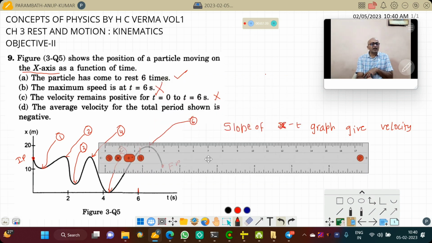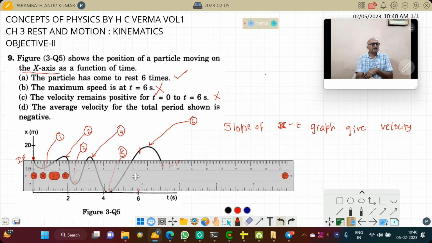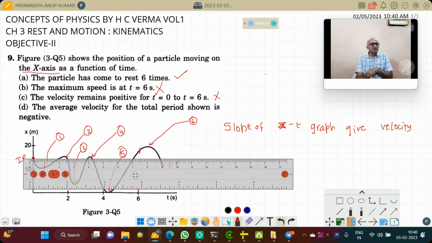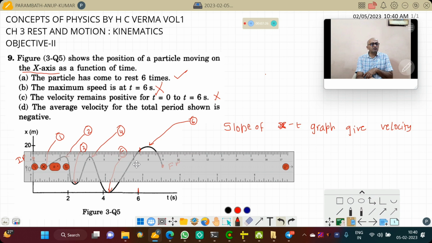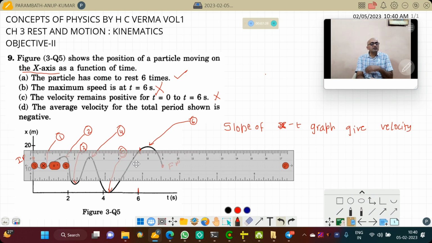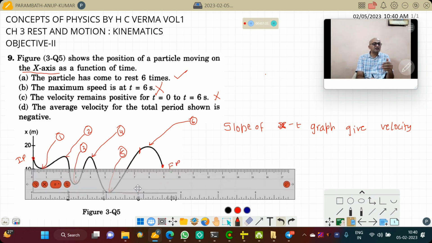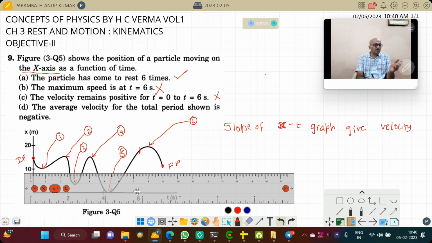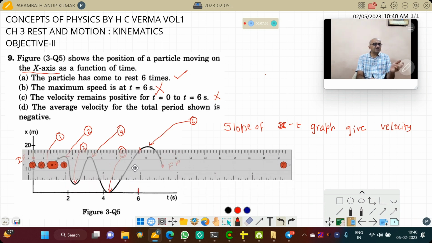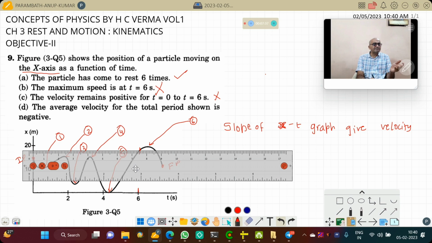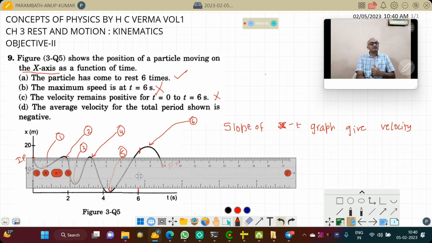With this ruler, this is the initial position. And at 6 seconds, this is the final position, which is more than the initial position. Let us say the initial position at time zero is say 15, and at 6 seconds it is say 18. So 18 minus 15 divided by total time taken 6. That is correct.